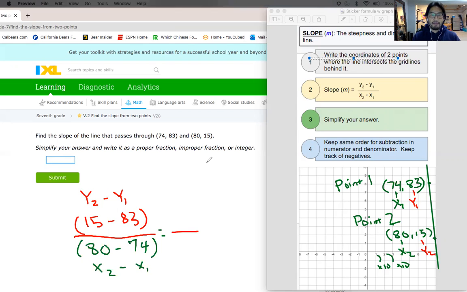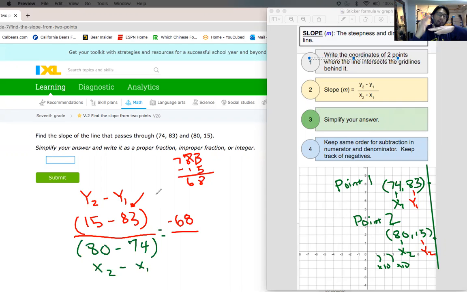15 minus 83. What is 15 minus 83? I know that 83 is the number with the much larger value. So I'm just going to subtract 15 from 83 and get 68. And I know that 68 is negative because this 83 is much bigger than the 15.